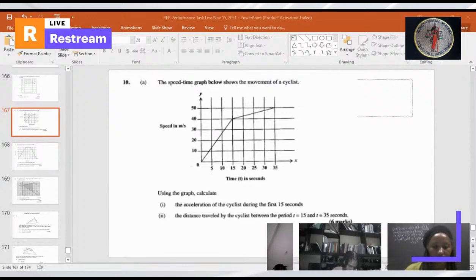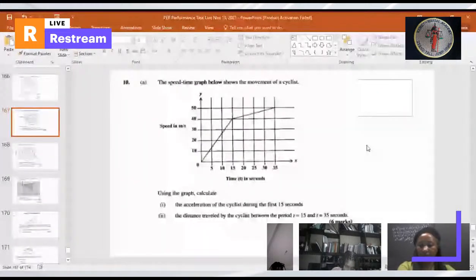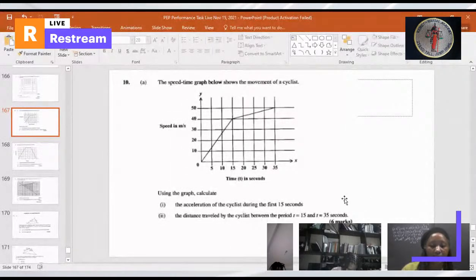So this is a speed time graph, and it shows the movement of a cyclist.